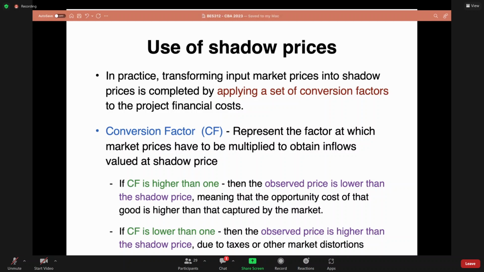If you have a conversion factor higher than 1, that means the price you observe in the market is actually lower than the shadow price, so the actual value of that resource is higher than what you observe in the market. If the conversion factor is lower than 1, the market price of that resource is actually higher than its economic price, maybe because of taxes or other market distortions.